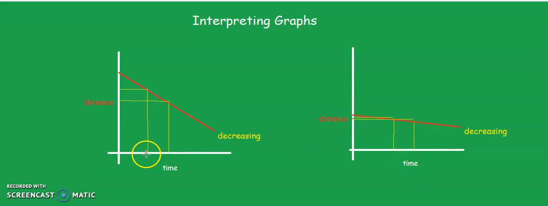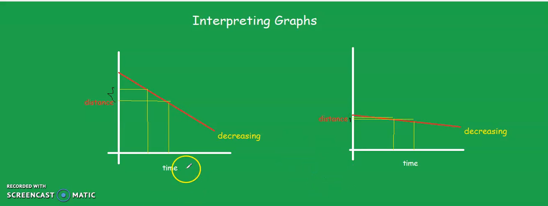So in about 10 minutes, I decreased this amount of distance, going from here to here. But in this same 10 minutes, I only decreased a little bit, only from here to here, this little tiny bit over here.